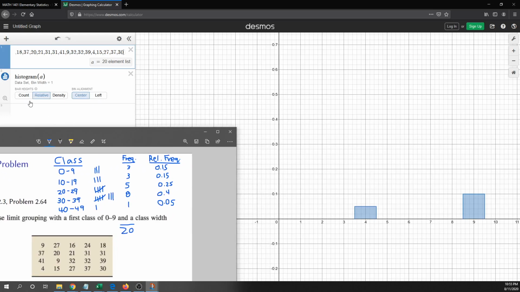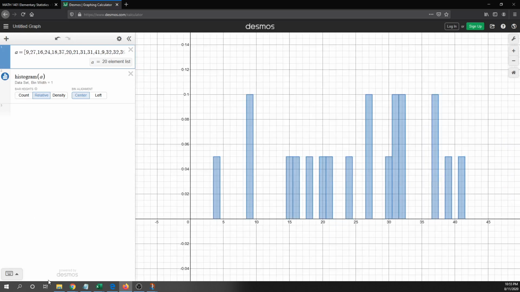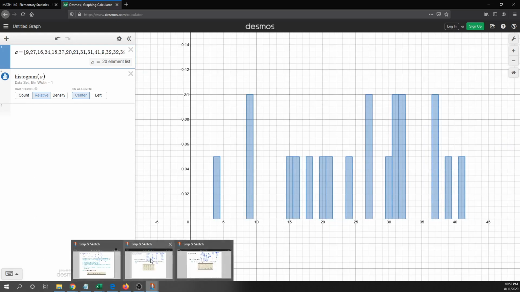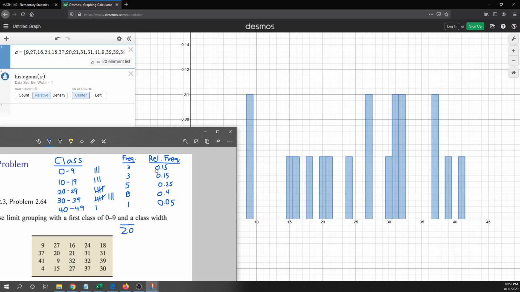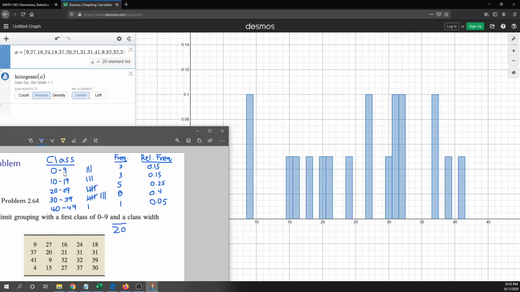Okay, if I don't specify the bin width inside here, it's automatically bin width 1. So you can see that's the kind of picture I get. When we did our data, though, we used a bin width of 10, right? Because for this limit grouping, it was 10 minus 0.